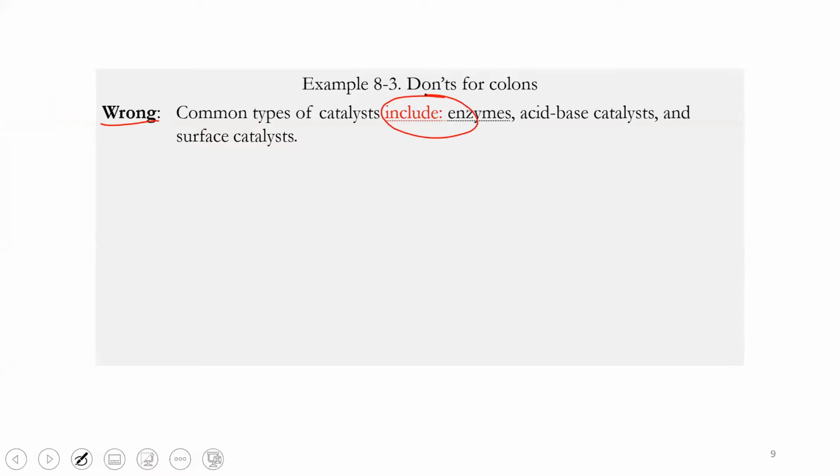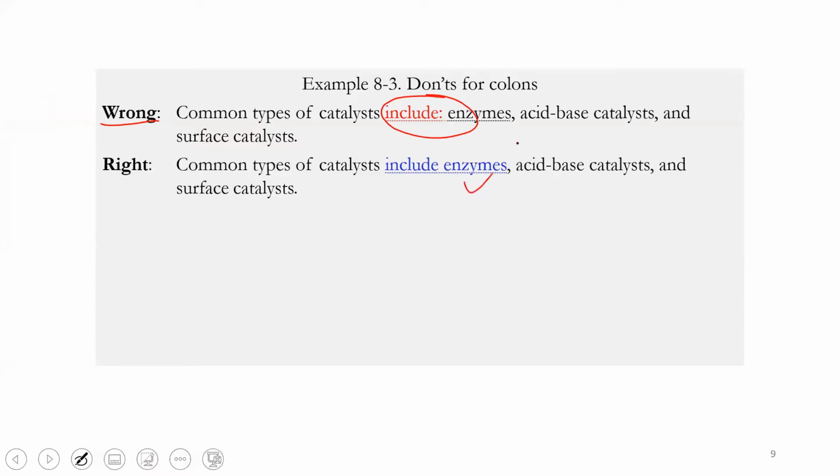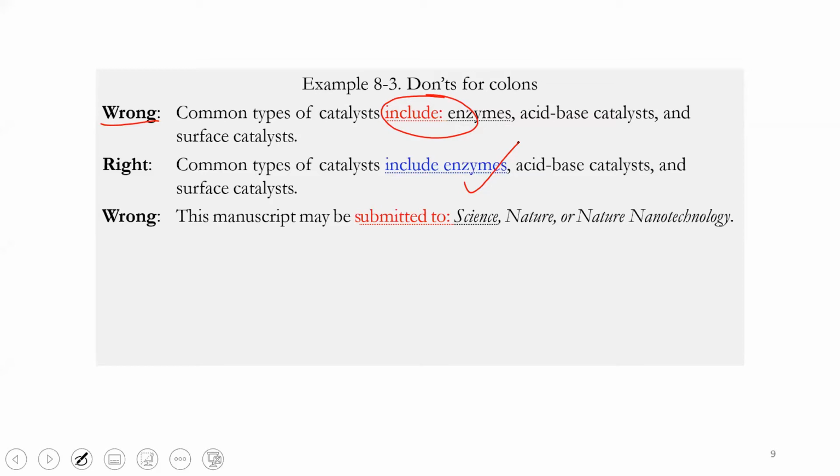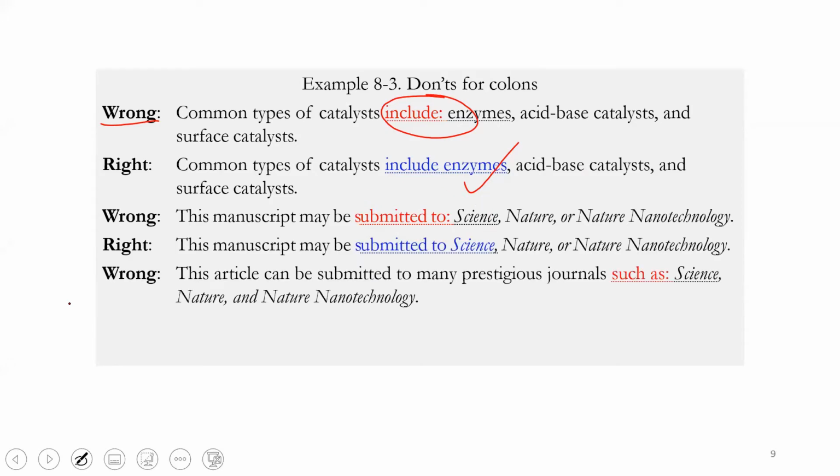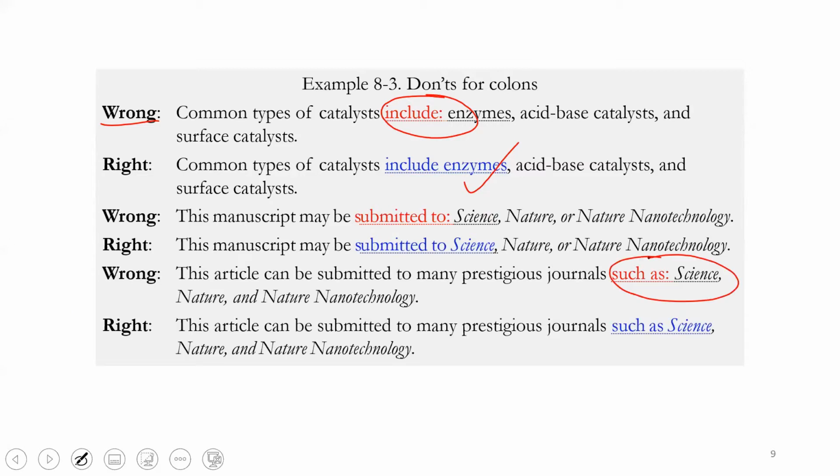The reason is include is a verb. Correct writing would be include enzymes, acid, or everything. And this manuscript may be submitted to, then you prepare the list. This is wrong. Similarly, here you have such as. Anyway, the blue ones are correct. You try to use this, okay.